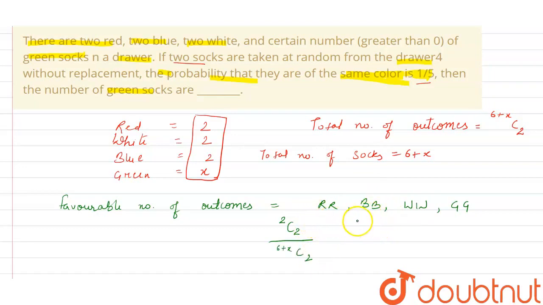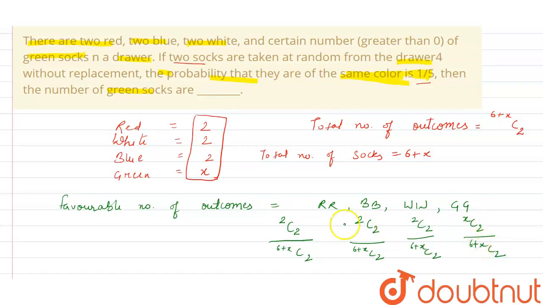Similarly for blue blue, we have two blue socks and we need to take out two only. So favorable outcomes will be 2C2 and total number of outcomes will be 6 plus X C 2. Similarly for white. Now for green, we have X green socks, and we need to take out only 2. So XC2 upon 6 plus X C2, right?